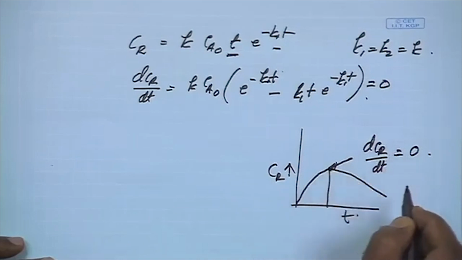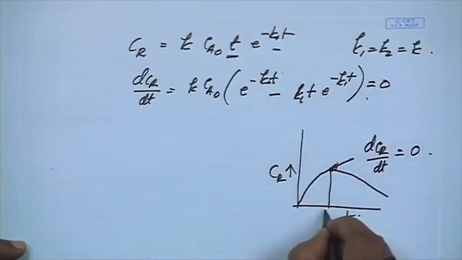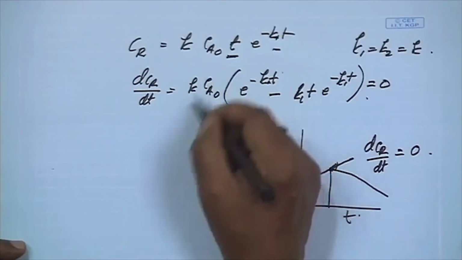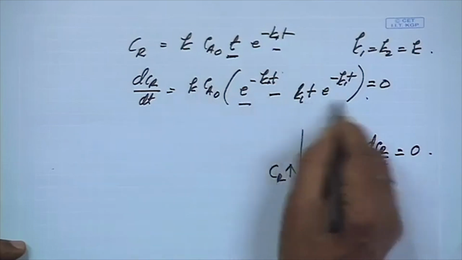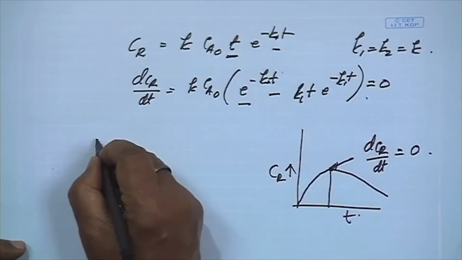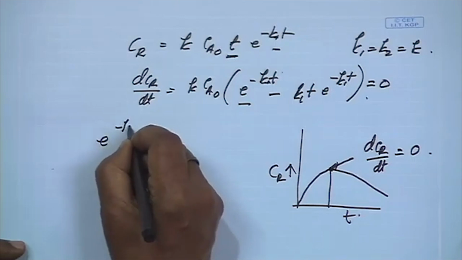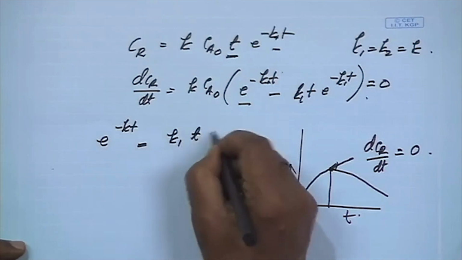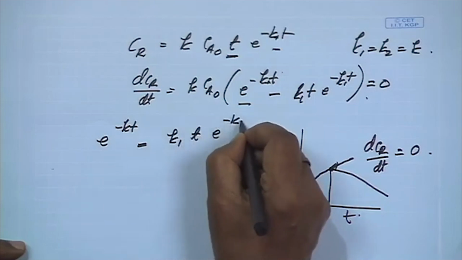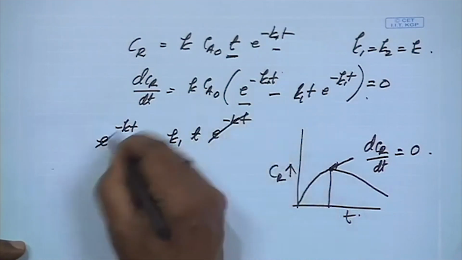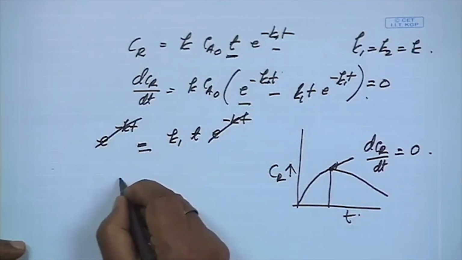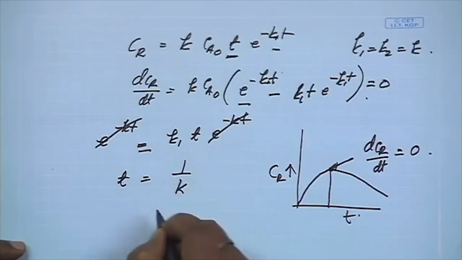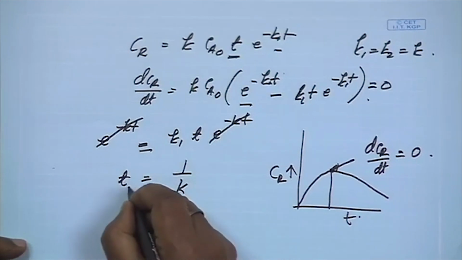So at t max it will be 0. Now this cannot be 0, so I can assume the other term is equal to 0. So I can write e to the power minus Kt equal to K into t e to the power minus Kt. Am I right? This will cancel. So I can write t equal to 1 by K. This is the t max value.